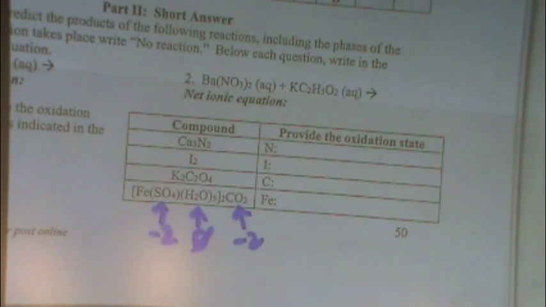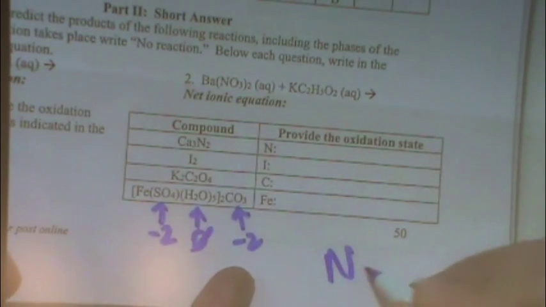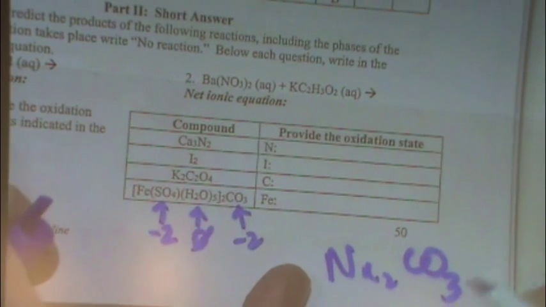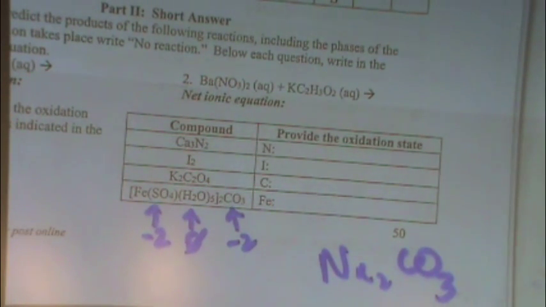Because there's 2 of them. For example, Na2CO3 would be an equivalent. If this is -2, there's 2 of them, the sodium itself is +1. Got that? Okay, now let's go to our scratch work here.